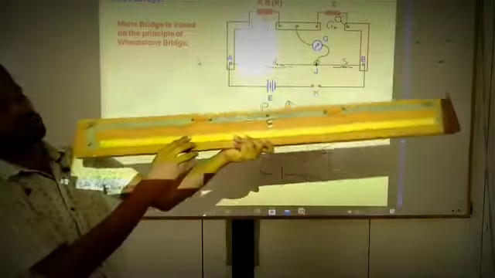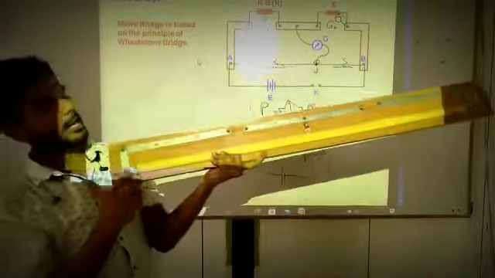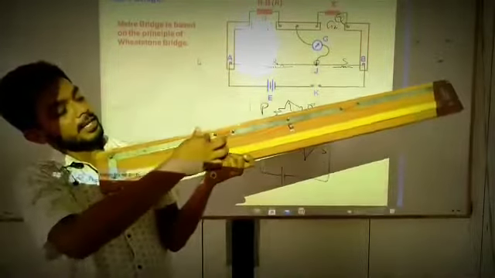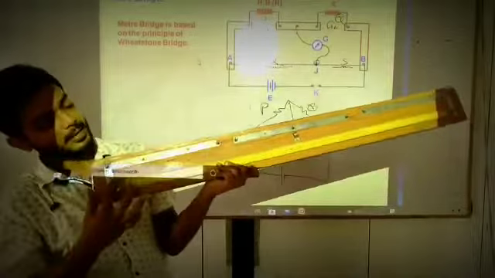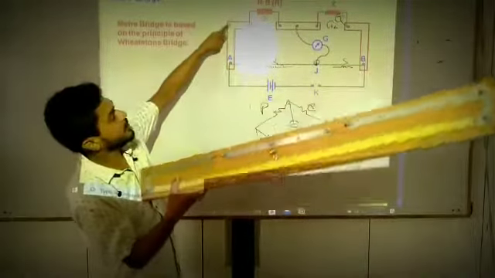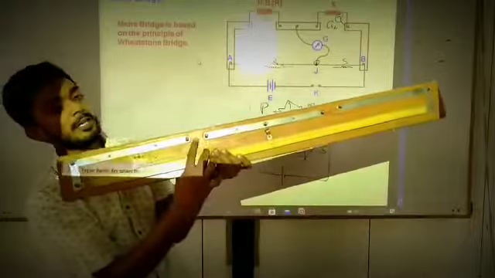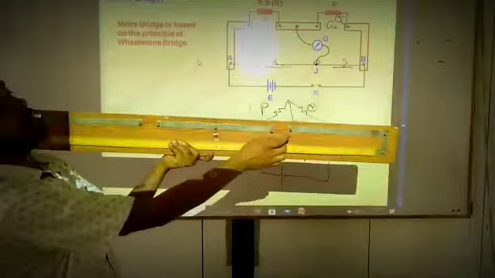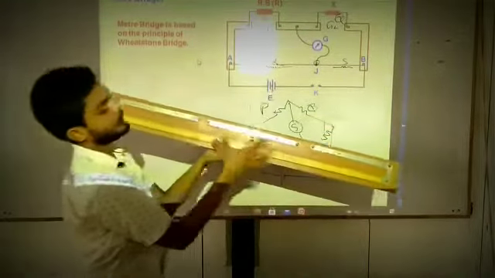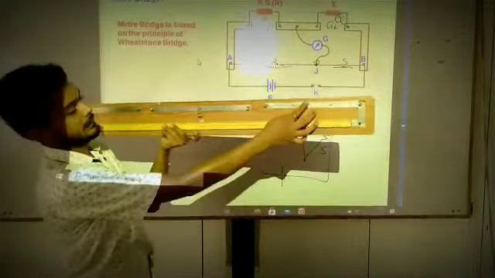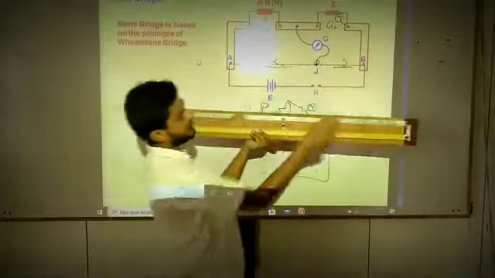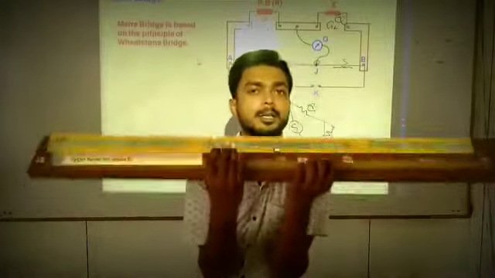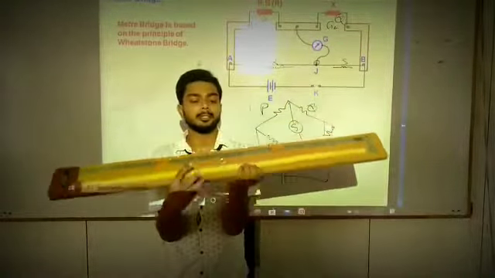After mounting this wire on the meter scale, the ends 1 and A are connected across a metallic strip of length L. There is a gap G1, and after that gap G2. This is the I-shaped metallic strip, and this is again an L-shaped metallic strip. This is the actual meter bridge. By using this meter bridge, you can find out the unknown resistance.